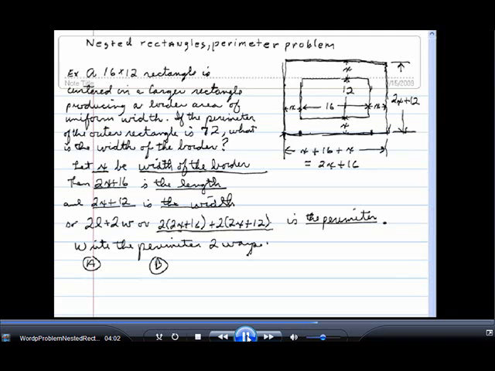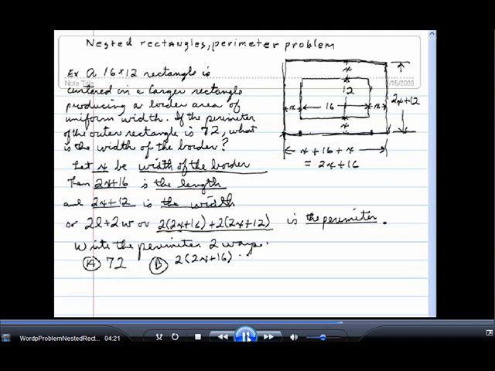Okay, there's a fairly obvious setup equation, but I'm going to go ahead and write the perimeter 2 ways. And of course the easy way to write the perimeter is to just take it right out of the problem and say 72.